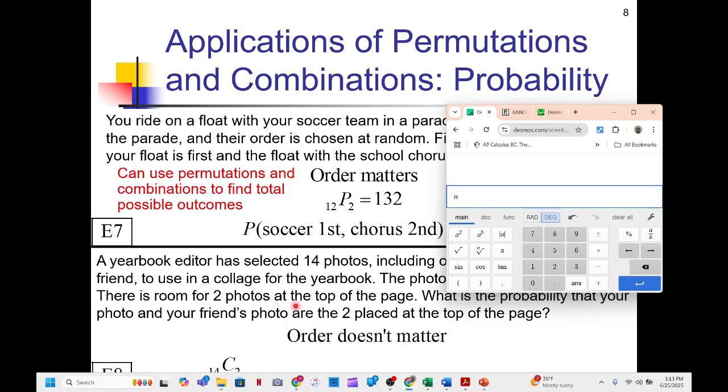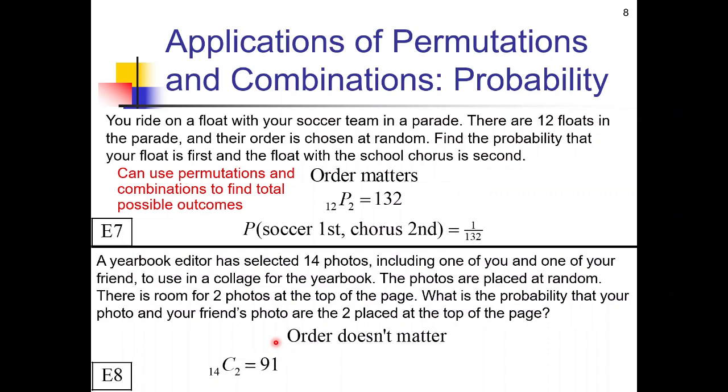So nCr and then 14 comma 2 gives us 91. And out of the 91 different combinations, there's only one combination that has you and your friend together. So that means that we're going to have 1 out of 91 for the probability that you and your friend are at the top of that collage.